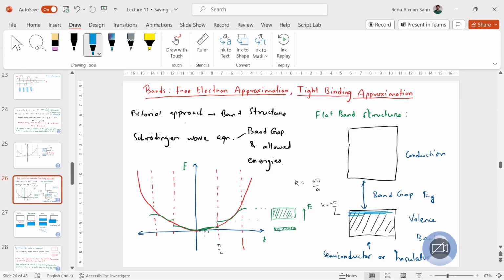If I want to zoom in here, this is not a continuous band, it is very closely spaced energy levels. That's how you have to think of it. And then you have a suddenly very big gap, and then again very closely spaced energy levels. These energy levels can be filled by electrons.